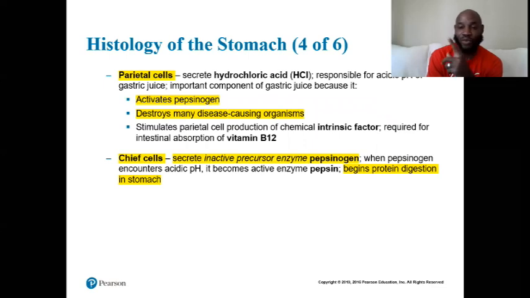Once again, we have another aspect of the immune system available here. If something were to get past the saliva, the immunoglobulins, the lysosomes in your mouth, the MALT tissue, the tonsils, down to your esophagus, down to your stomach, it would still have to encounter hydrochloric acid once it gets to your stomach, which kills a lot of things.